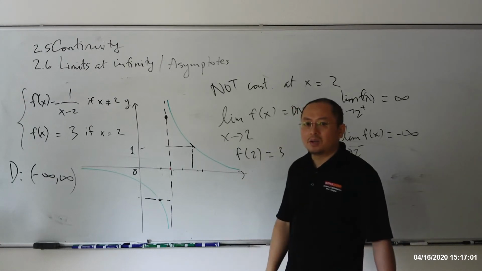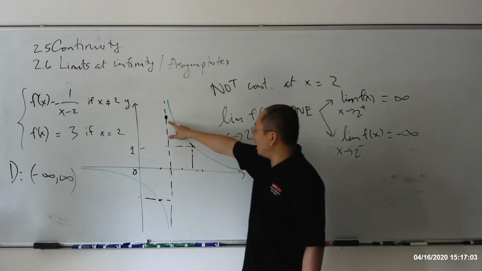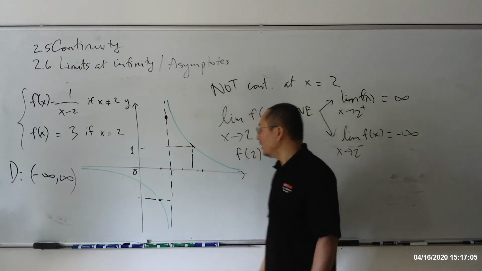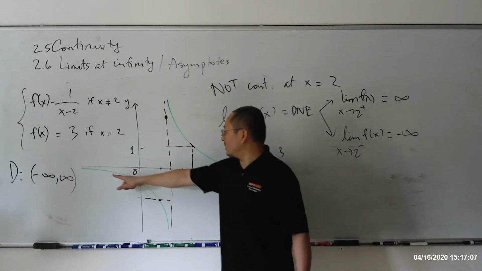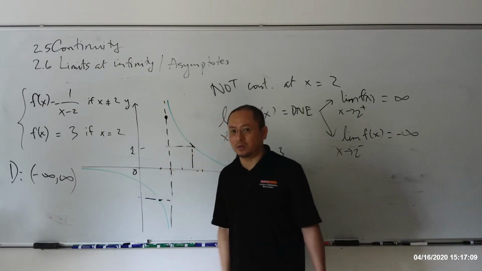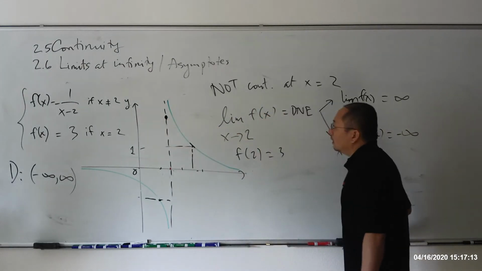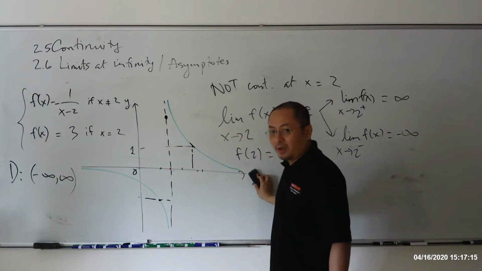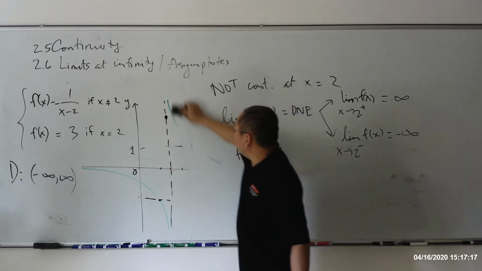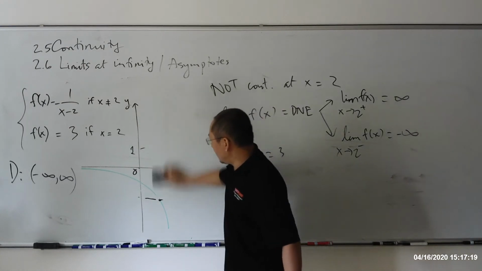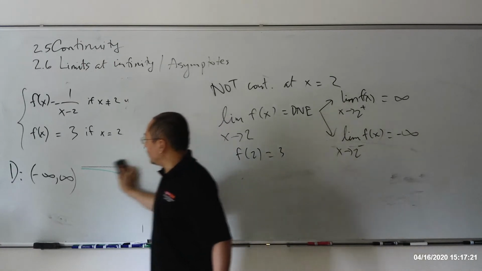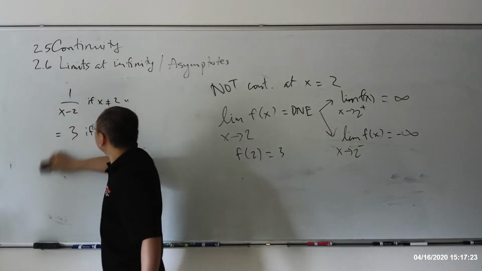So the function is not continuous at x equal to 2. Okay? It is continuous at every other point except for x equal to 2, if you have that point on the graph. Okay? Hopefully that clarifies your understanding and helps you understand the definition of continuity a bit better.